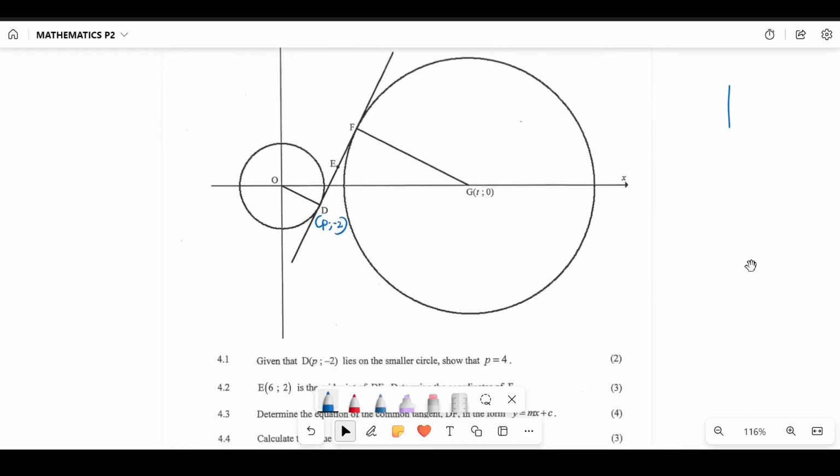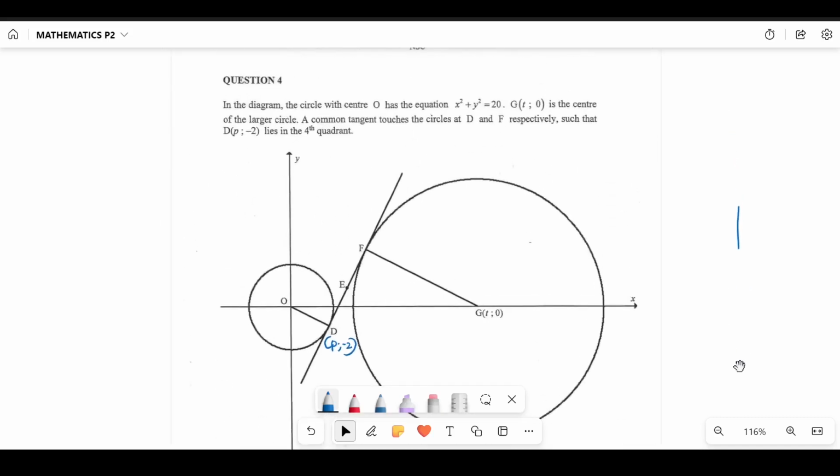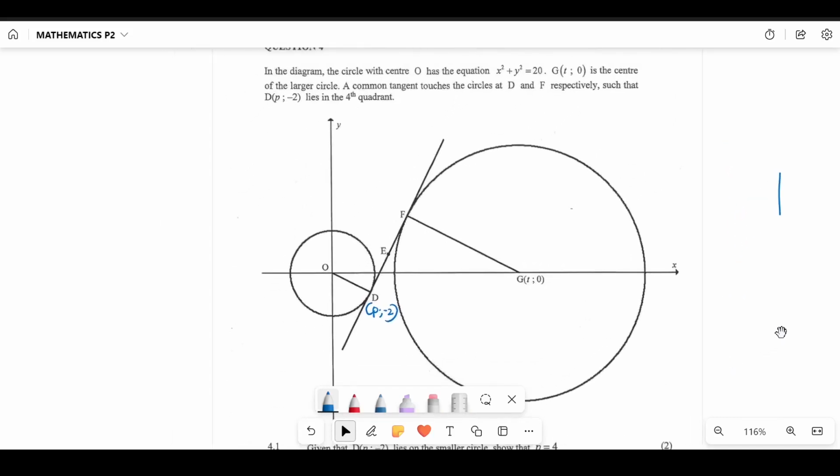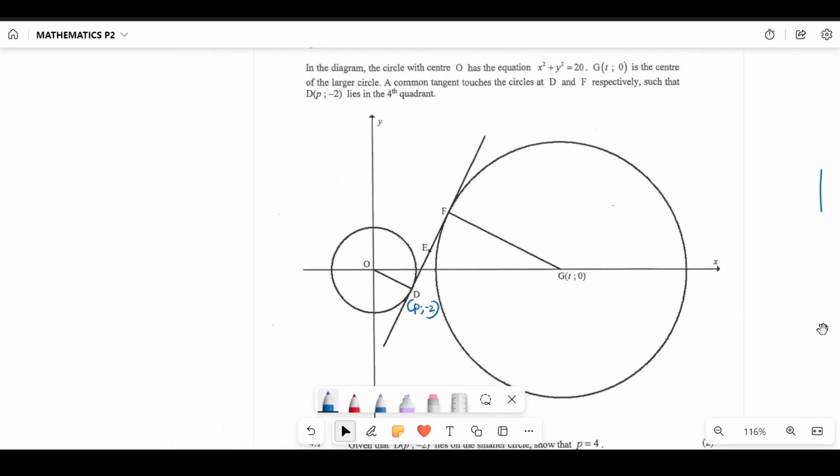Okay, let's go to the questions. 4.1: Given that D(p; negative 2) lies on the smaller circle, show that p equals 4. We already have the equation of the smaller circle, x squared plus y squared equals 20. Substitute for x and y.